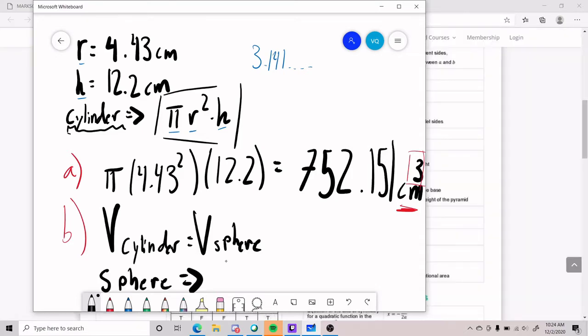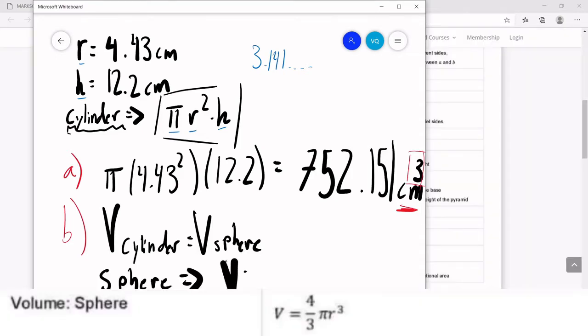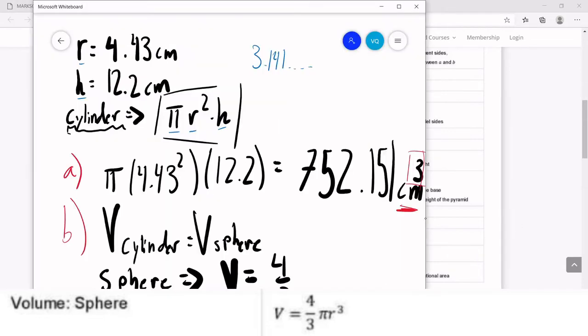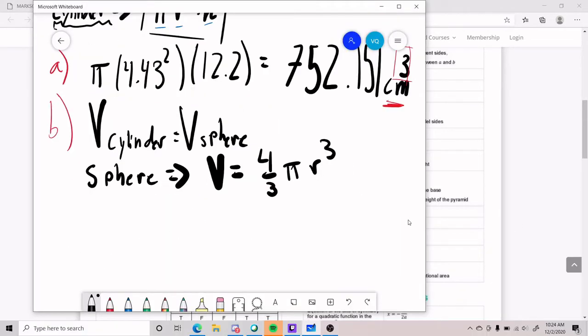The formula for the volume of a sphere is volume equals 4/3 pi r cubed. So using these two pieces of information, we can simply plug and chug and find the answer.